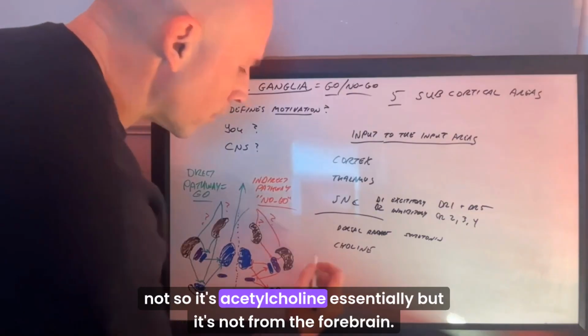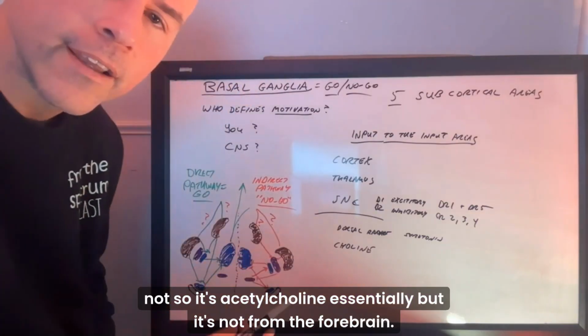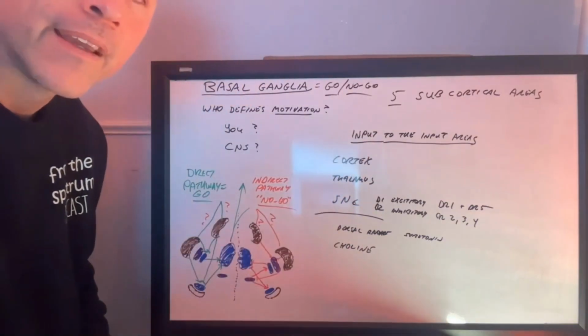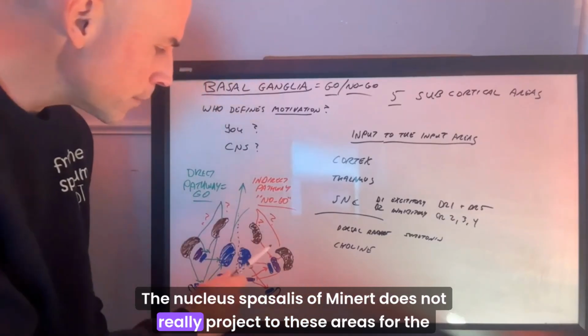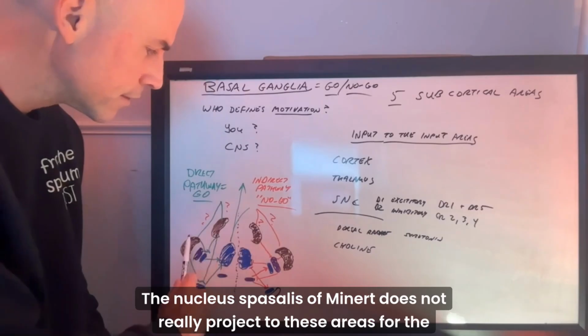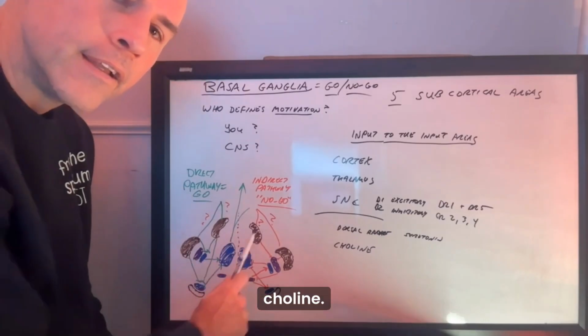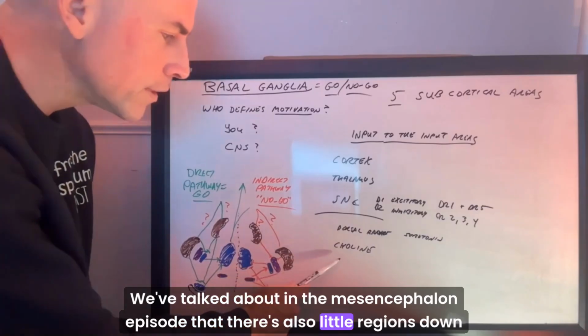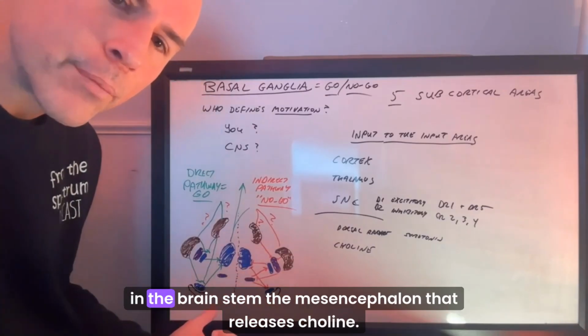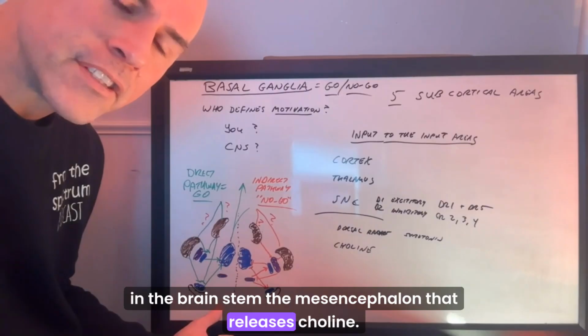So it's acetylcholine, essentially, but it's not from the forebrain. The nucleus basalis of Meynert does not really project to these areas for the choline. We've talked about in the mesencephalon episode that there's also little regions down in the brainstem, the mesencephalon, that release choline.